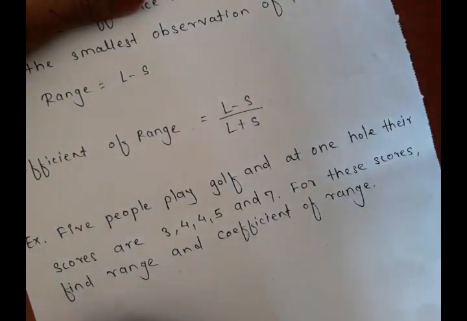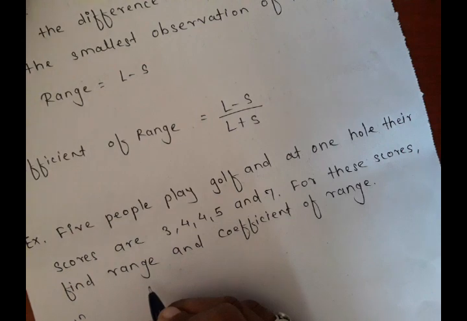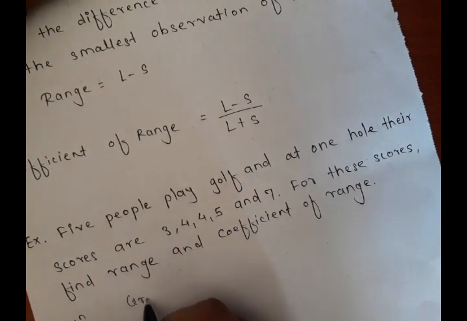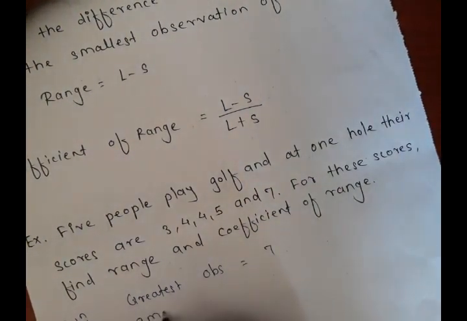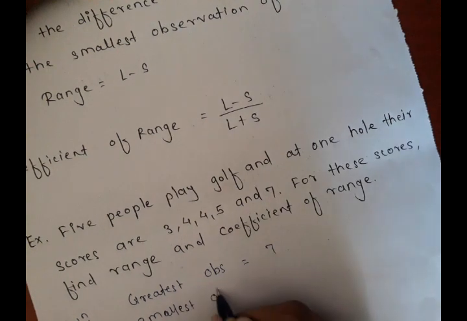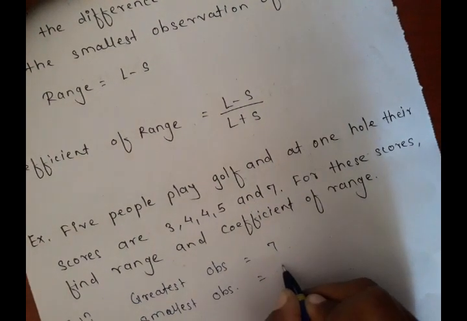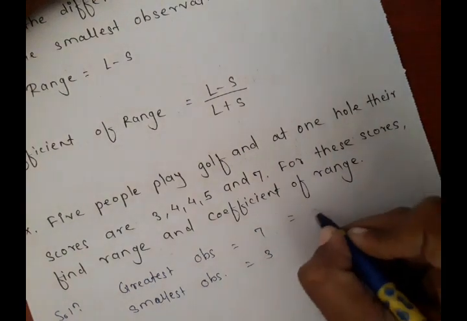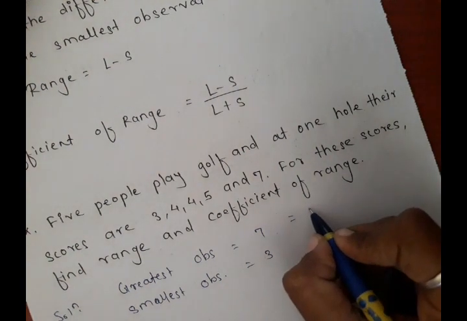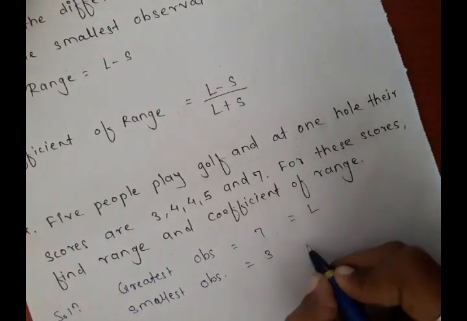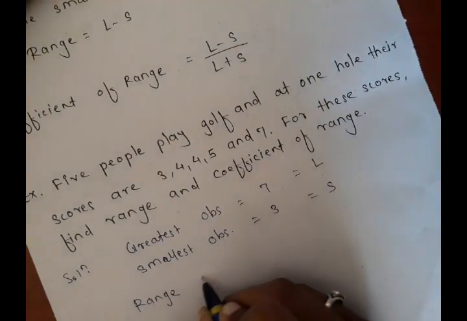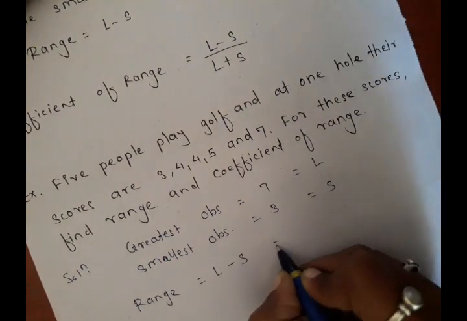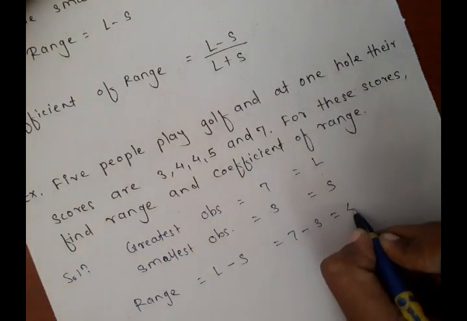Firstly, we find the smallest observation and the greatest observation. So the greatest, or largest, observation is equal to 7 and the smallest observation is equal to 3. Range is equal to L minus S, which is 7 minus 3, which is equal to 4.